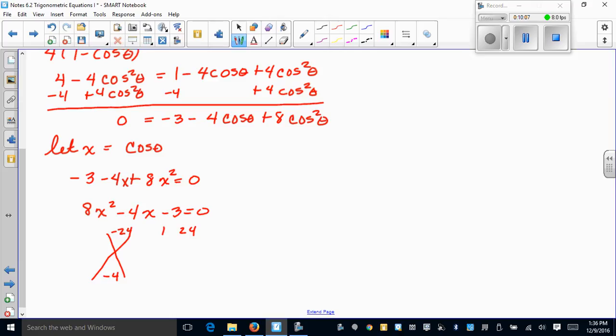Nope, that won't work. 2 and 12 will get me to 10. 3 and 8 will get me to 5. And 4 and 6 will get me to 2. And then we start from there. 5 is not a factor, and we go to 6, so we're done. There's all of our factors, and they won't work, so we get to use the quadratic formula. So this is going to be my A value, this will be my B value, and this will be my C value.